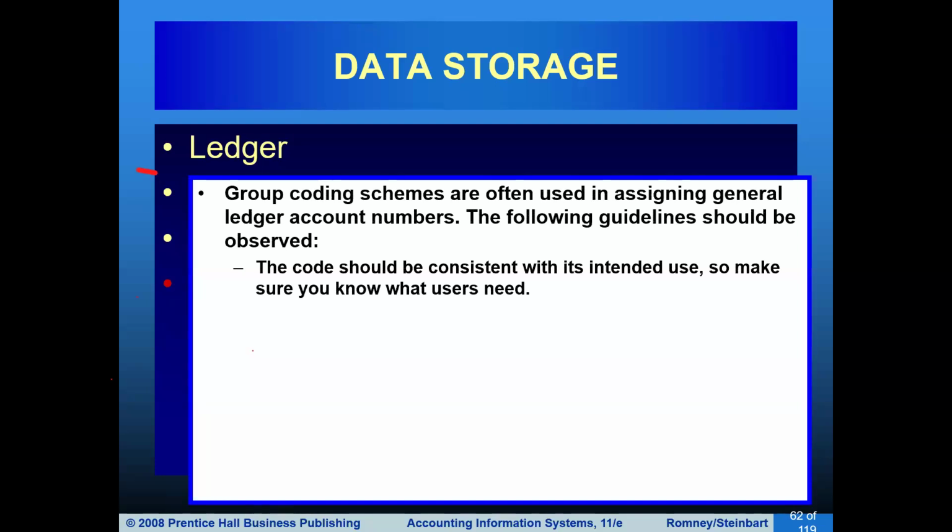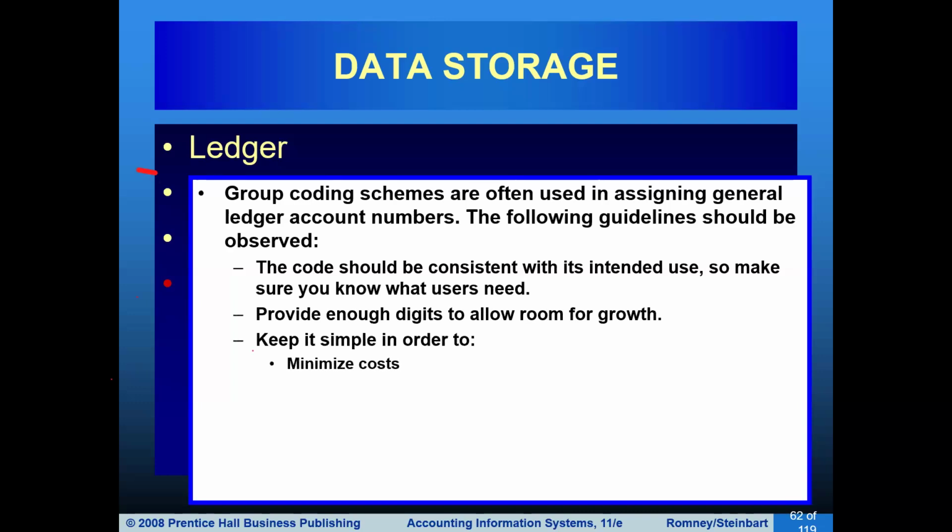Ledger group coding schemes are used in assigning general ledger account numbers. The following guide should be observed when you want to assign the numbers. We call it coding the accounts. Each and every general ledger account, even if I have accounts, I have a code number.